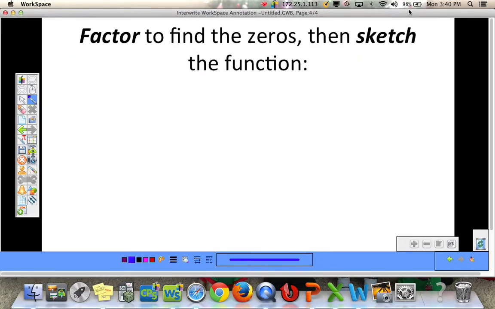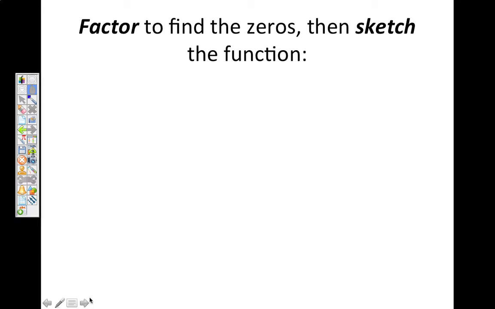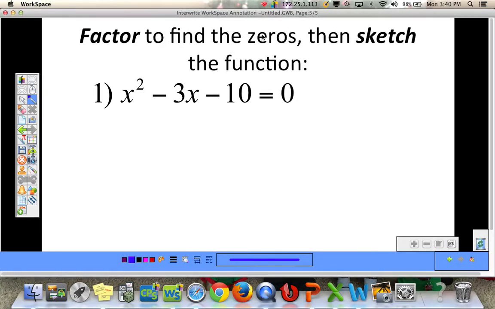All right, we're going to factor to find the zeros and then sketch the function for this one right here. So factor, then sketch. So let's factor this. If you use a box and circle, you have x squared minus 3x minus 10.